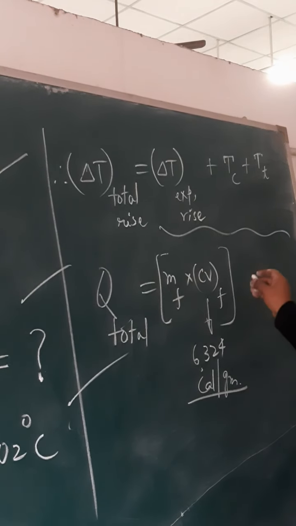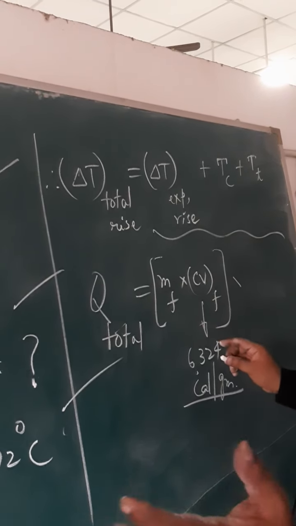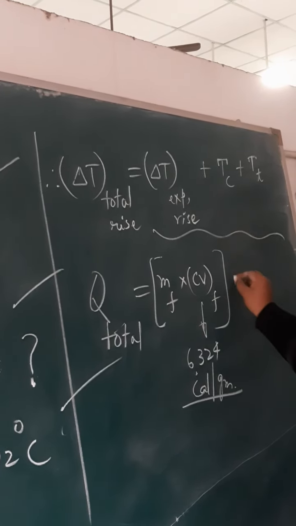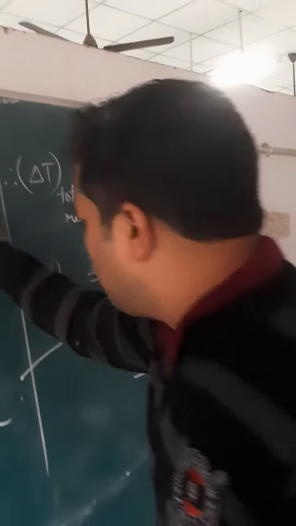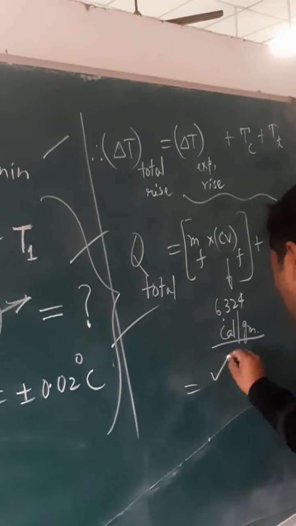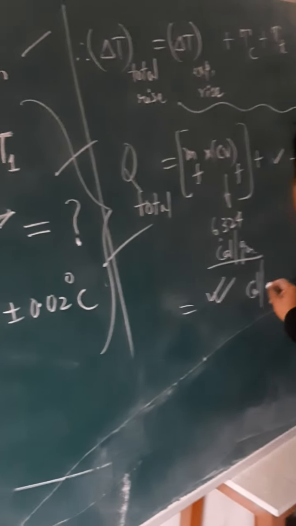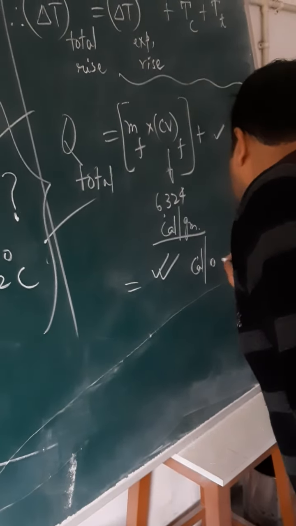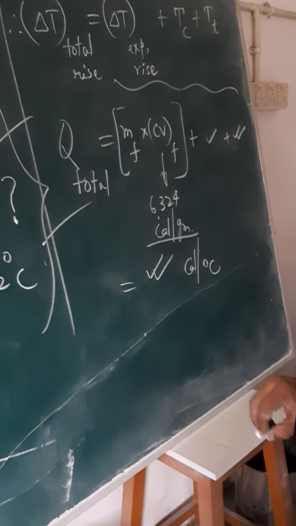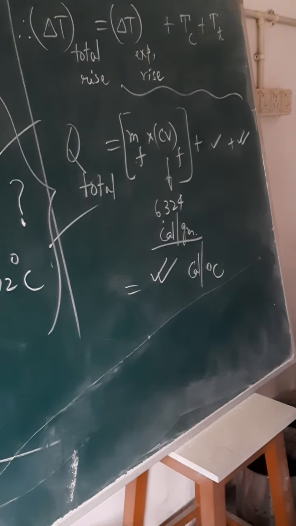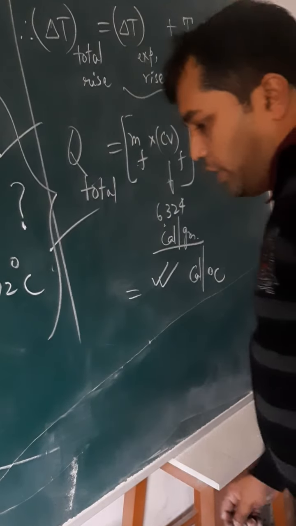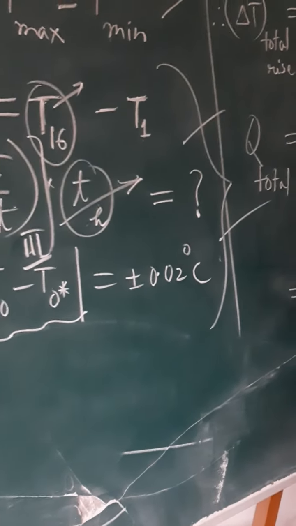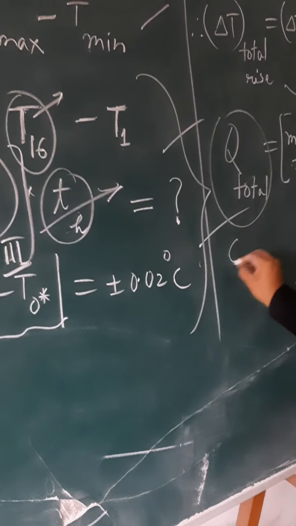Tc and Tt we will note from these two, and we will find in terms of calorie, the total heat.